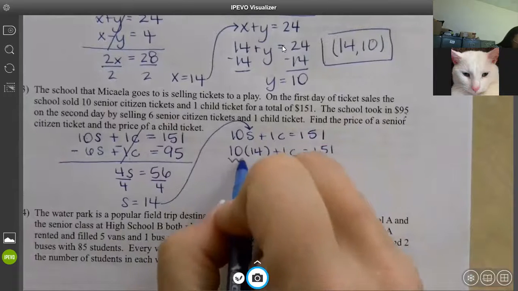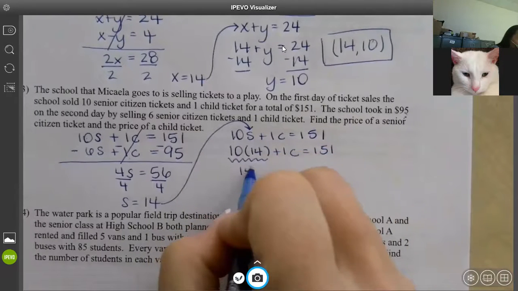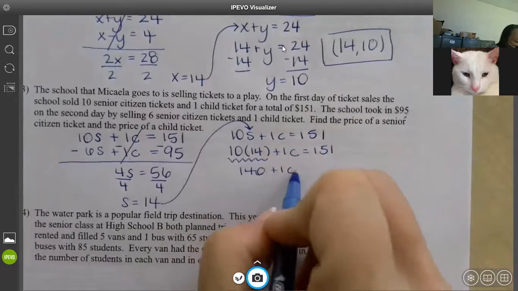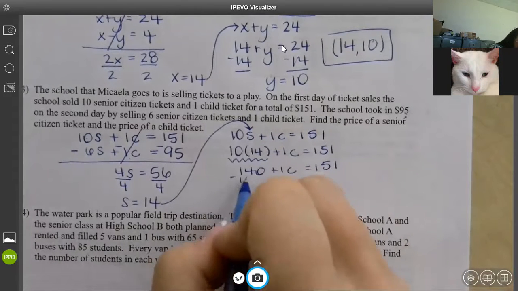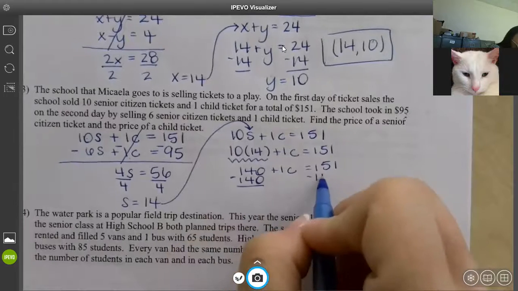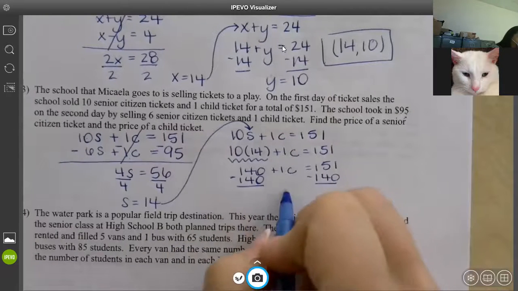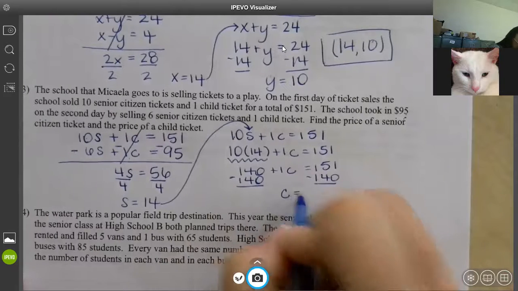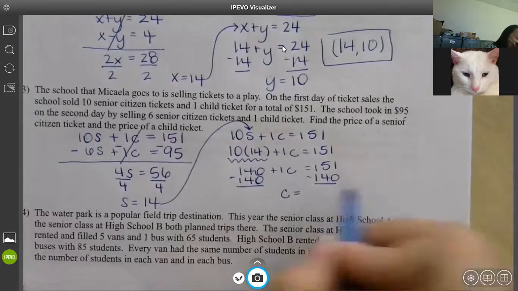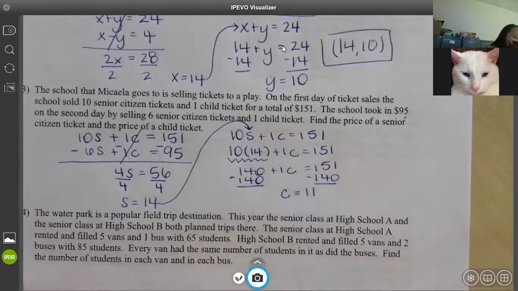We're going to clean this up. 10 times 14 is 140 plus 1C equals 151. And then to solve for C, we're going to subtract 140. Remember, 1C is the same thing as C. Then 151 minus 140 is 11. So if they ask you how much a child ticket is, it's $11. Senior citizen is 14.